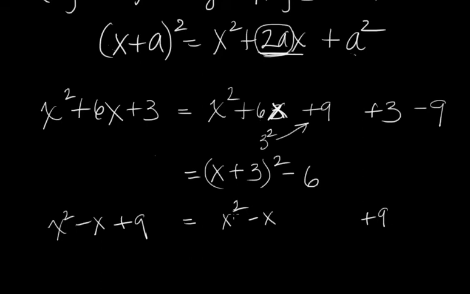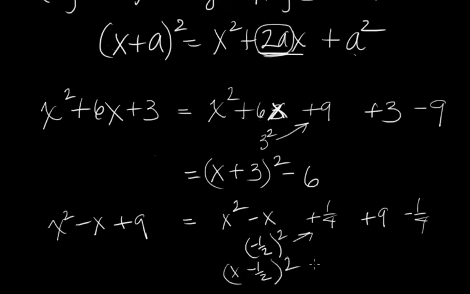Half of the coefficient: the coefficient of x is minus 1, so half of it is minus a half, and you square it and add it, plus 1/4, and make up for it with minus 1/4, and we have x minus a half squared. And then 36/4 minus 1/4 is 35/4.